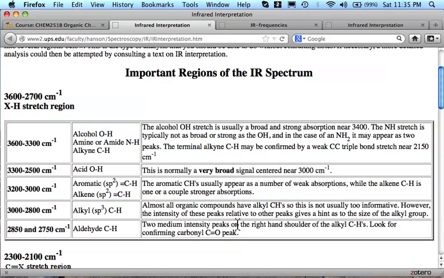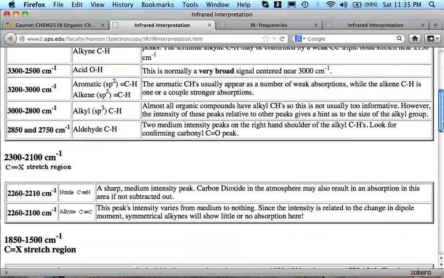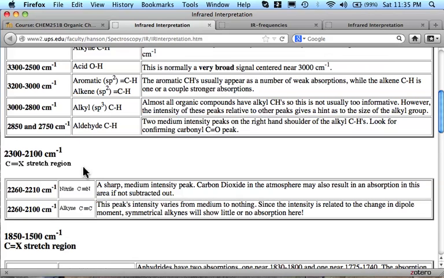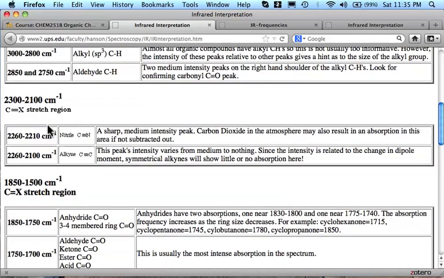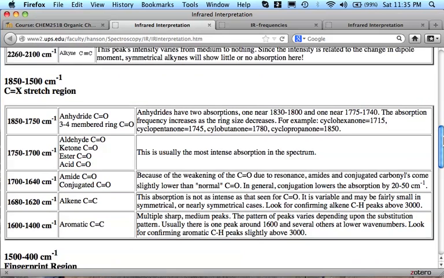And then I've got a few even more detailed notes here of things to look for. So that's our XH region. I mentioned the triple bond region down here, 2300 to 2100. There's really only two functional groups that we normally encounter in organic chemistry in that region. Although I might mention that CO2, which is in the air, of course, if it doesn't get subtracted out, will occasionally come near that region.